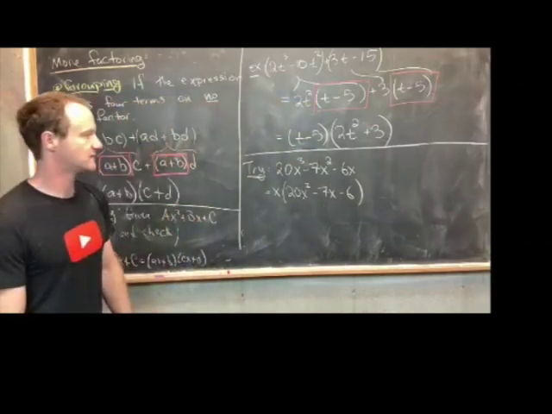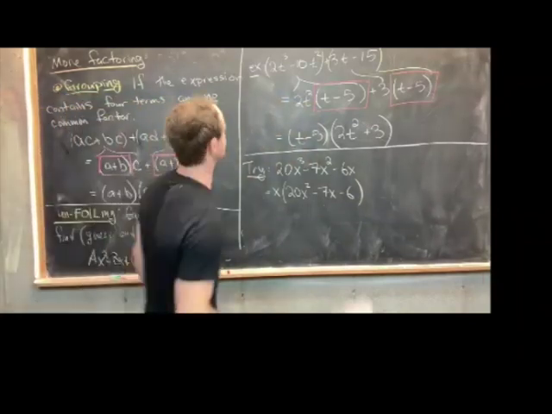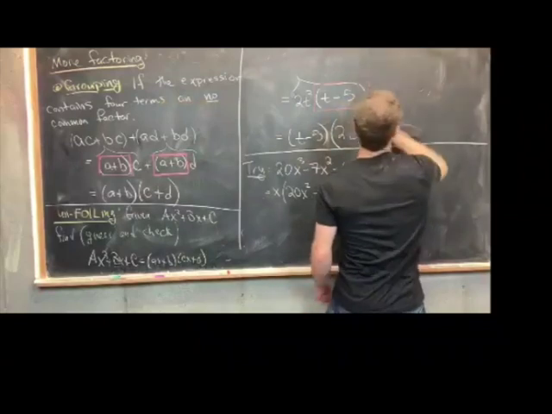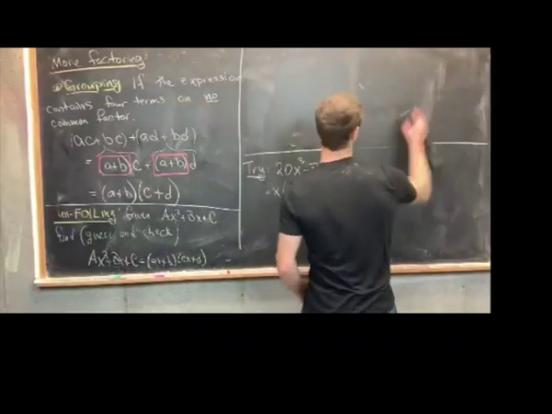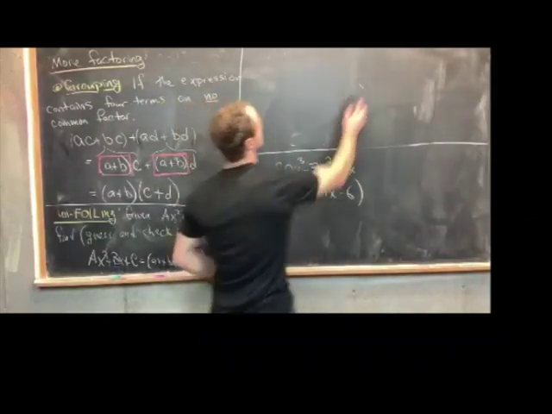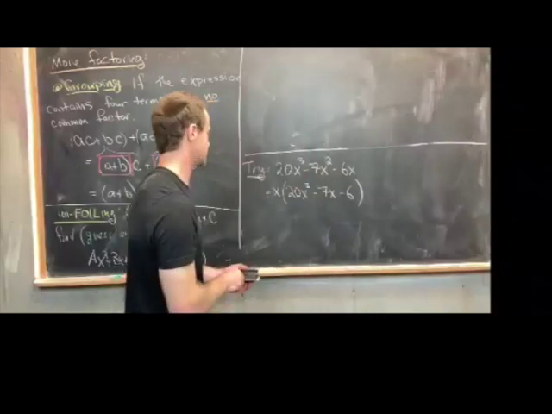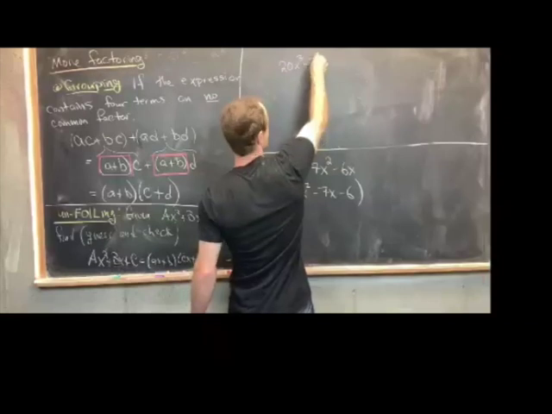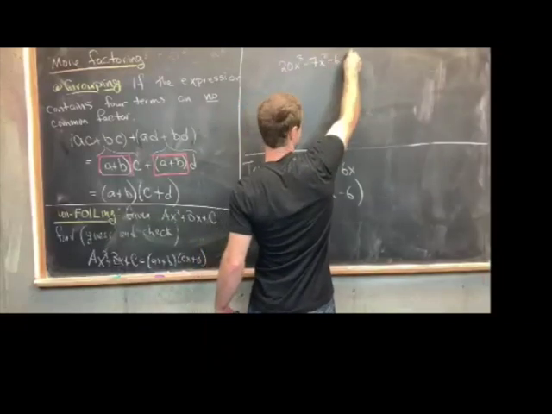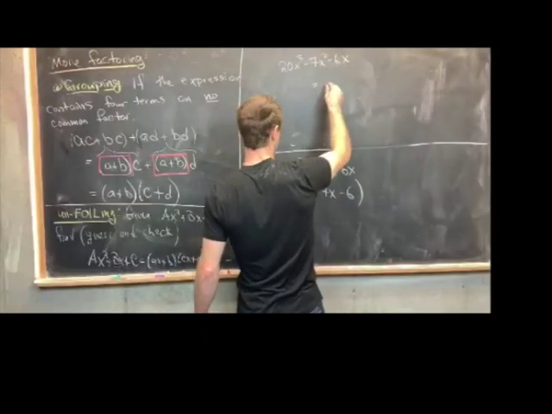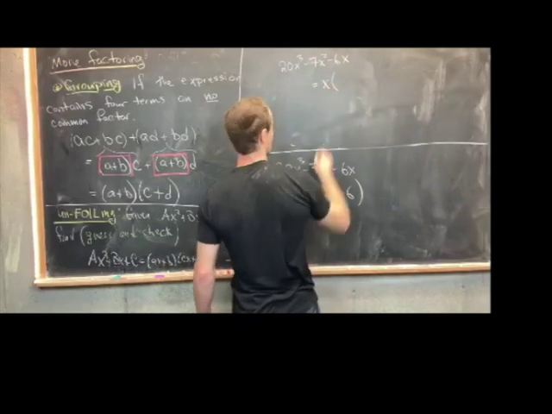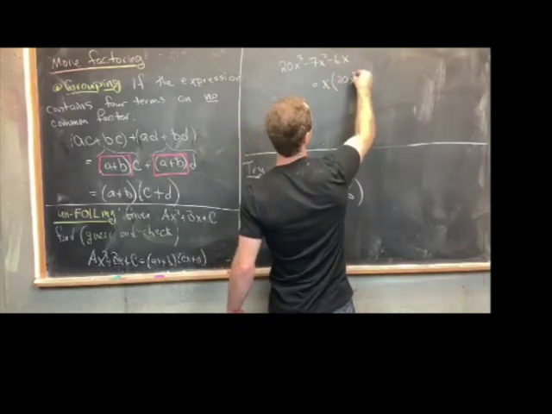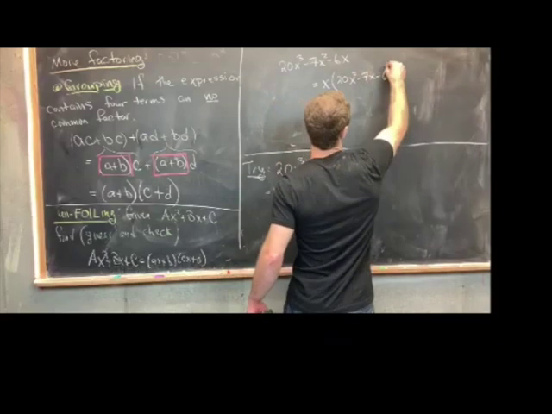Good. Now, I'm actually going to move this up to the top so we have a little bit more room. So we've got 20x cubed minus 7x squared minus 6x. We factored a greatest common factor of just x out. That leaves us with 20x squared minus 7x minus 6. Good.